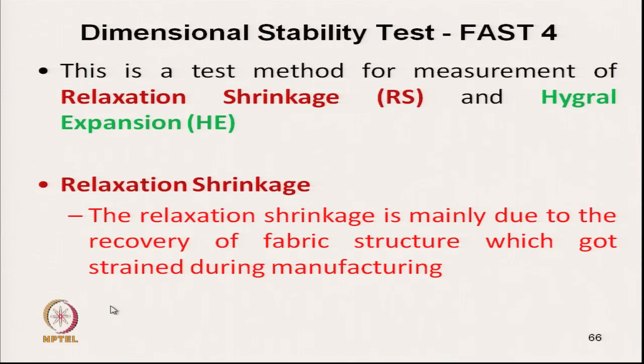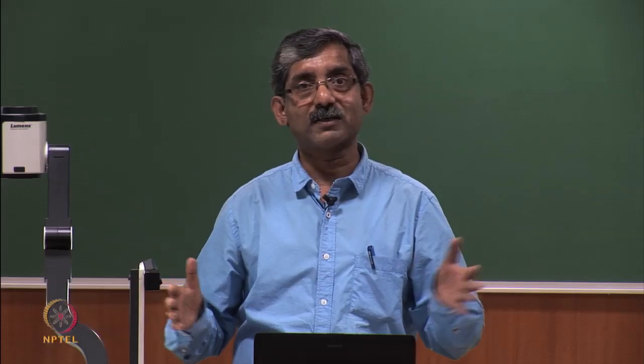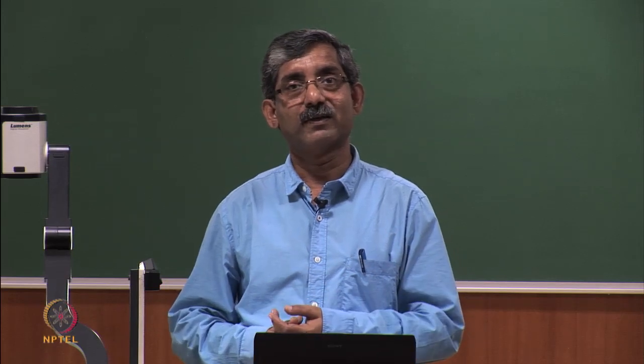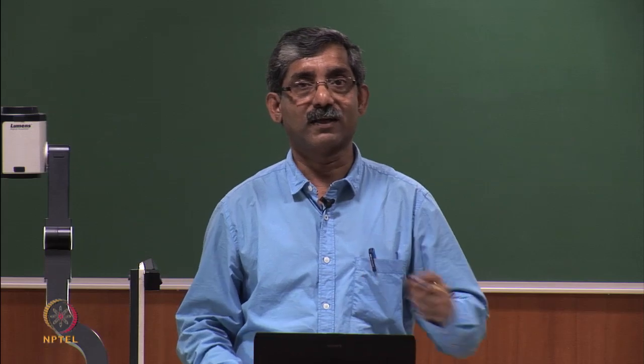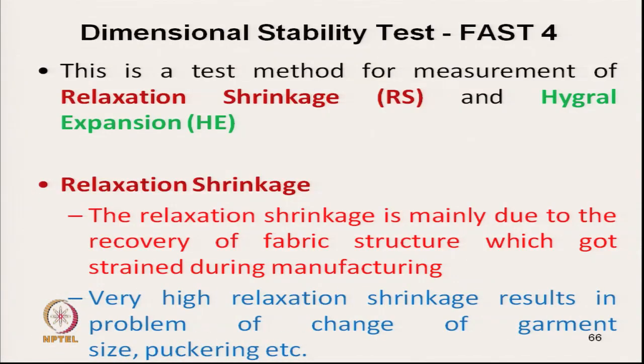When the fabric is relaxed, the amount of shrinkage gives an idea about the relaxation shrinkage. Very high relaxation shrinkage results in problems with the size of the garment, changes in garment dimension, and puckering, like a fabric warp and weft.